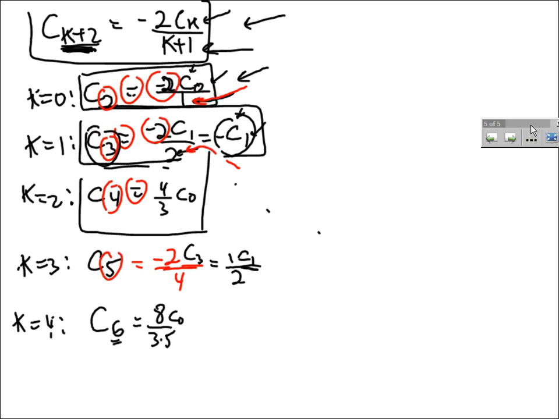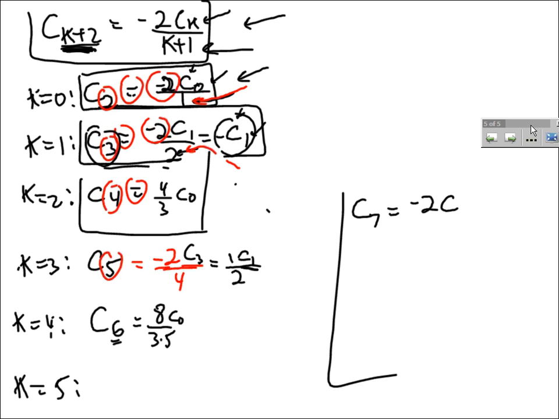Okay, let's do some more. When K is equal to 5, see the side work here. I get C sub 7 is negative 2 C sub 5 over 1 more.